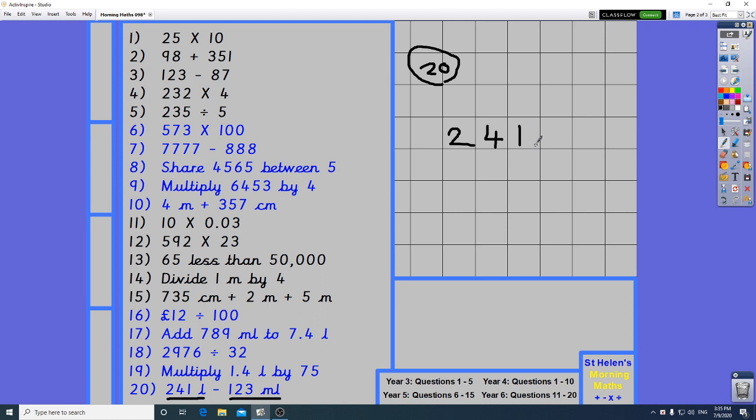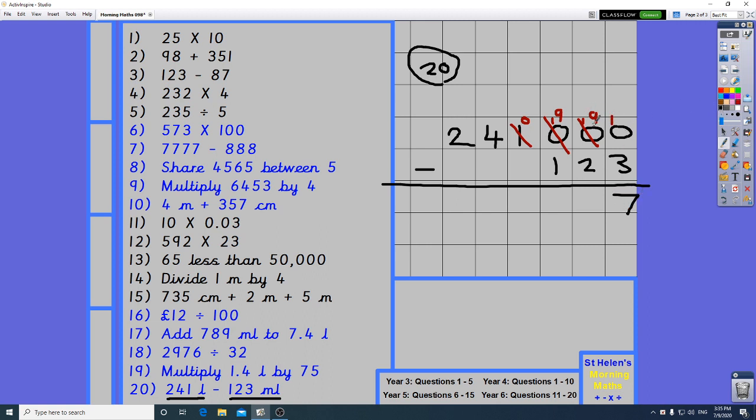Every litre is 1,000 millilitres. So 241 litres is 241,000. 3 zeros makes 1,000. Take away 123. I was trying to trick you with this lining up. I wonder if you got tricked. Not easy to trick a year 6 in St Helens in maths. But if it happened, then it happened.